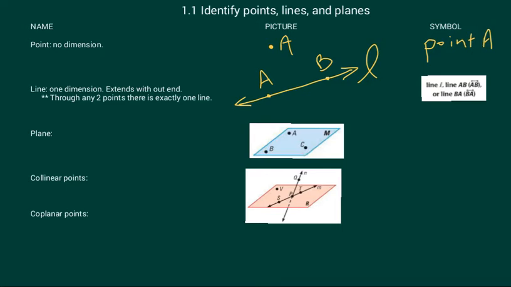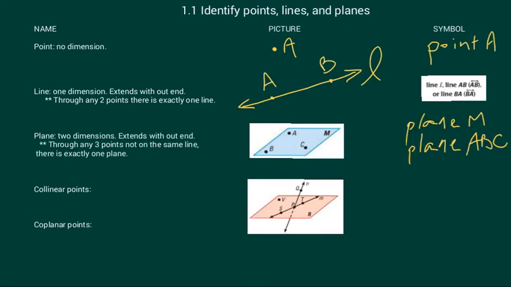If you notice that A, B, and C do not create an actual line themselves, we can use any three points on our plane to label it. Sometimes we also see this capital letter that's not represented with a point. It's kind of like our letter L up here. So we could say it's plane M, or we could say it's plane ABC or ACB. It doesn't matter what letter or what order you put those letters in.